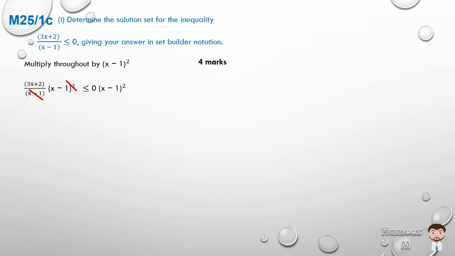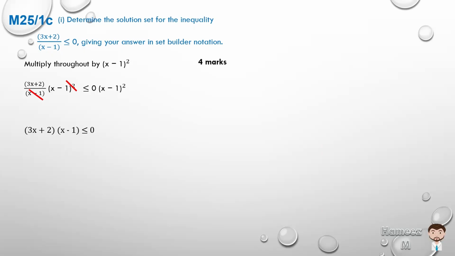So the denominator factor will cancel with one of the factors in the numerator. And on the right-hand side, we have 0 times (x minus 1) squared. We multiply both sides by the same thing, so it doesn't actually change the inequality. So it looks like this: (3x + 2)(x - 1) on the left-hand side is less than or equal to 0, because 0 times anything is 0.